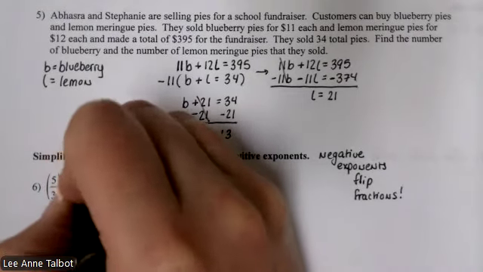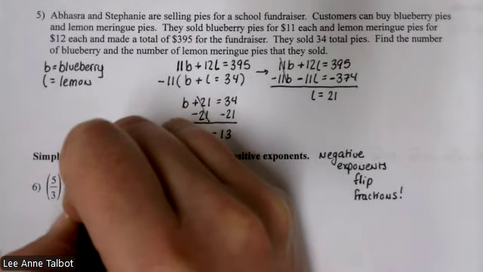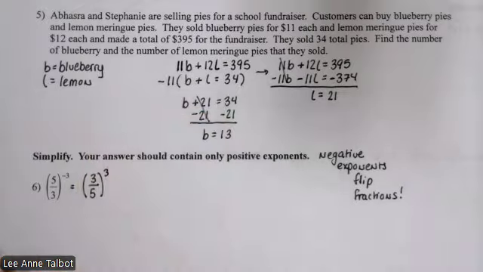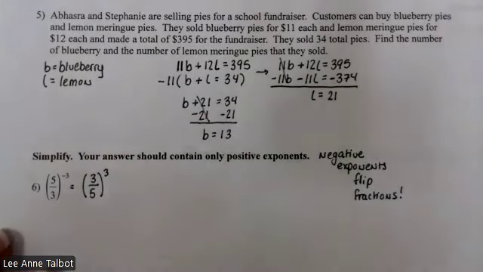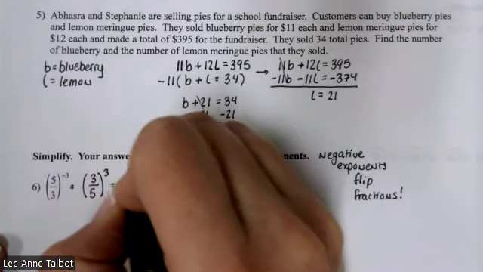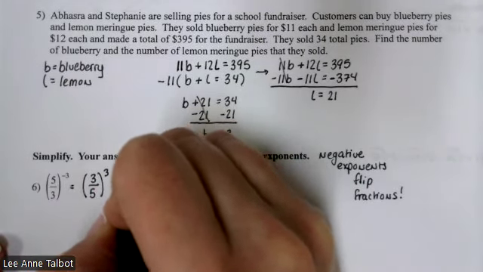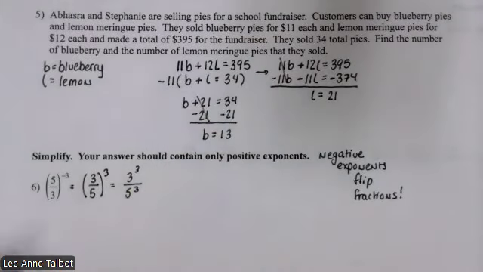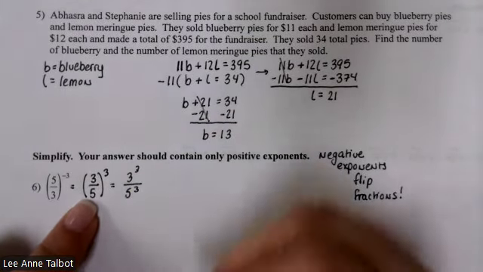Okay, so what you do is you flip the fraction and you keep the exponent as positive 3 now. And then you take both things to the third power.